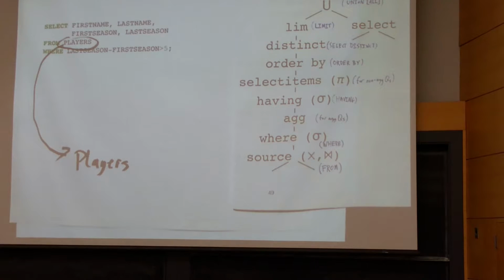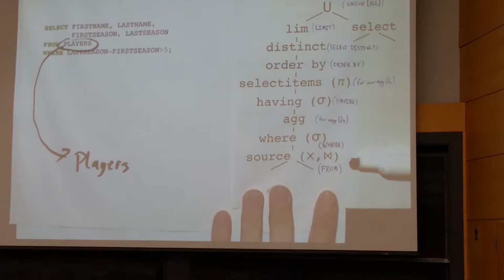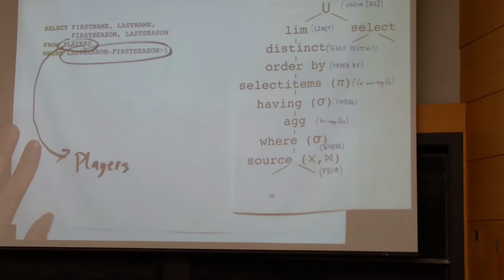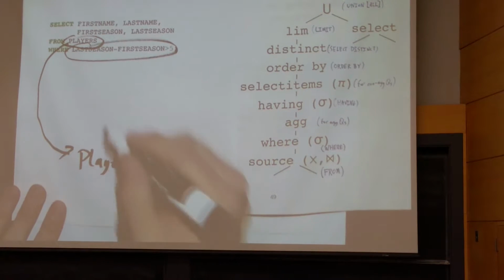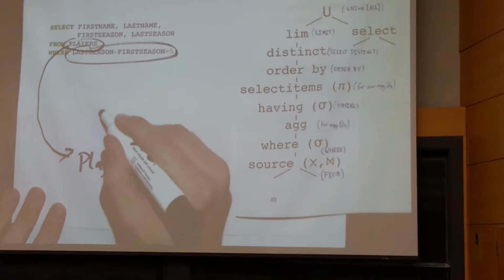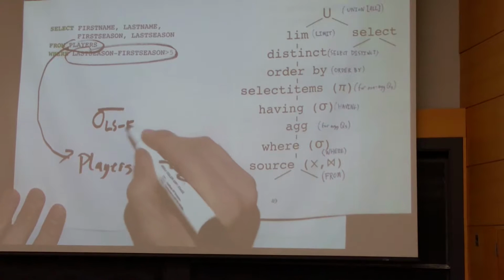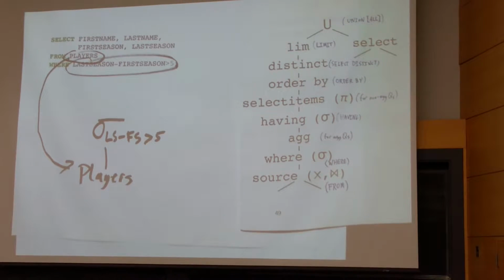What's next? The where clause. The where clause corresponds to a selection operator, denoted by sigma. That gives us a condition to evaluate over players.